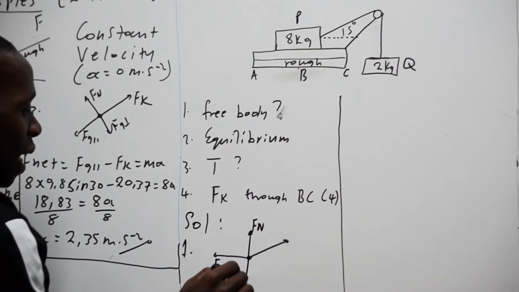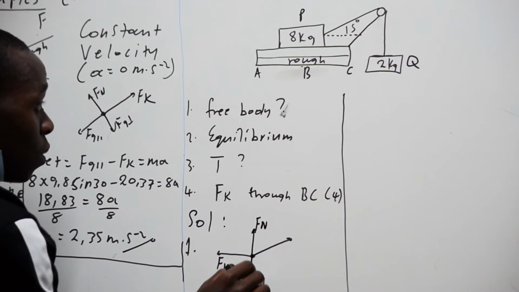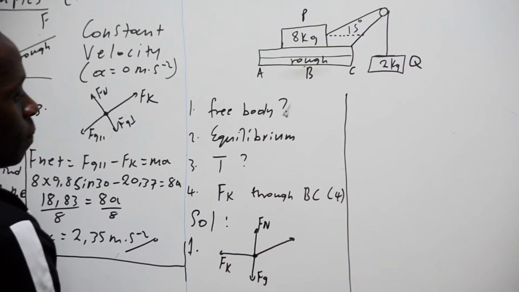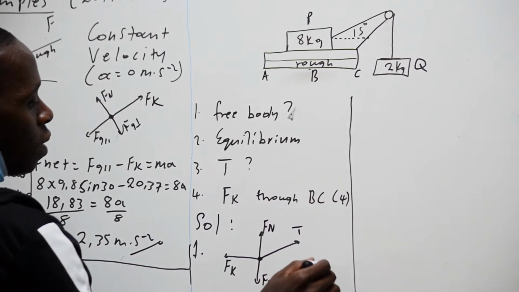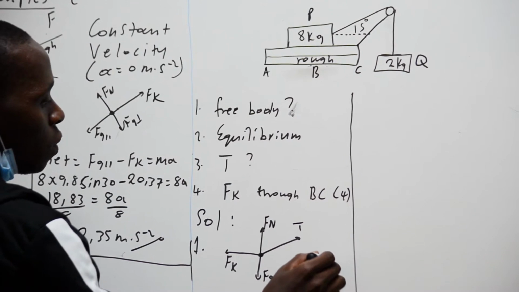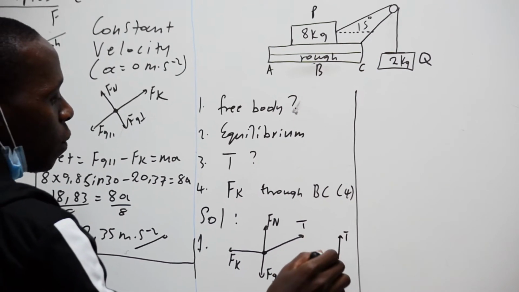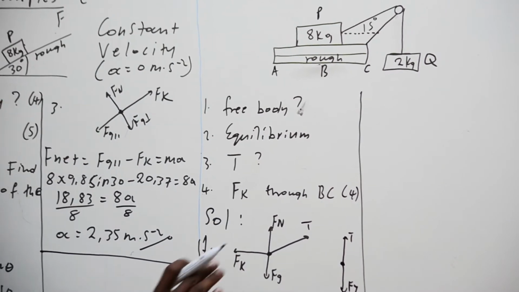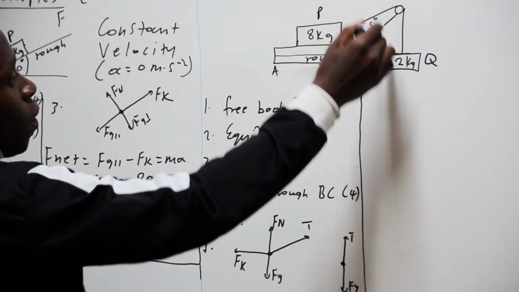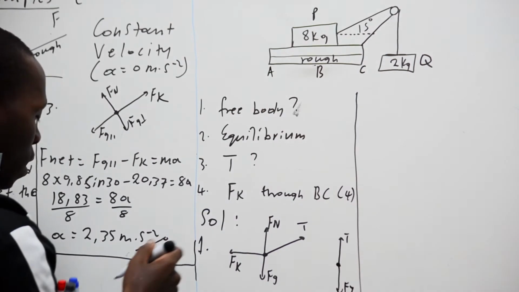So the tension is the applied force because it's pulling the 8 kg. Then for block Q, there is a tension upward and gravity downward.